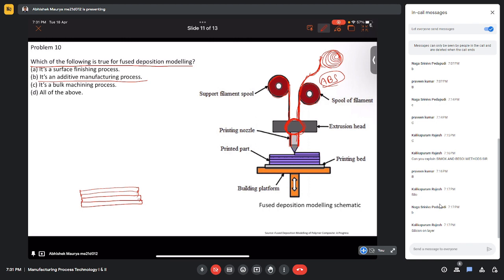This heat melts the material and makes it soft so that it can be deposited in a programmed manner.